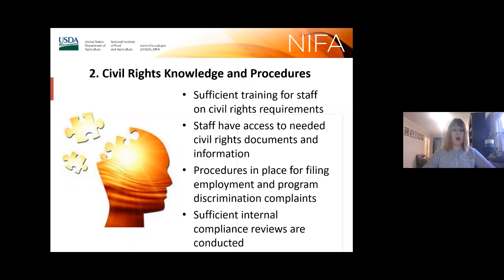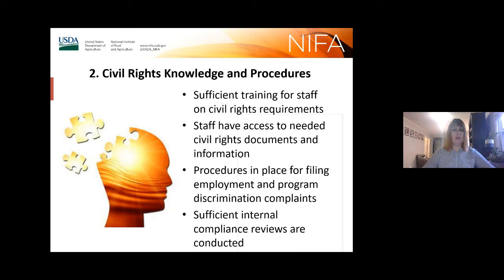So in these reviews, under the laws that we're conducting these compliance reviews under, we're looking at employment discrimination in terms of broad policies and procedures, as well as any noticeable red flags in terms of diversity, segregation, things like that, because we're looking at discriminatory employment practices from the lens of how it affects program delivery.